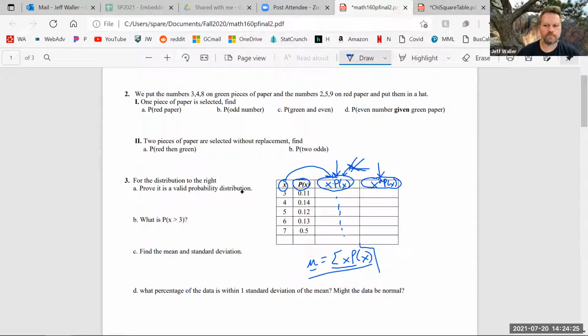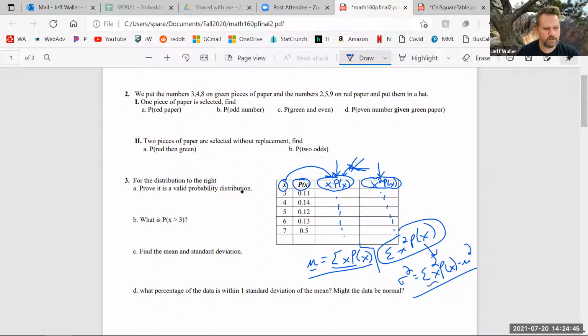You could. That's fine. Just extra work, but that's all right. And then when you sum this up, that is a part of the formula for variance. You probably can't read that, but that will be on your form. So whatever number you get when you sum this up goes right here. And then you subtract the mean squared.